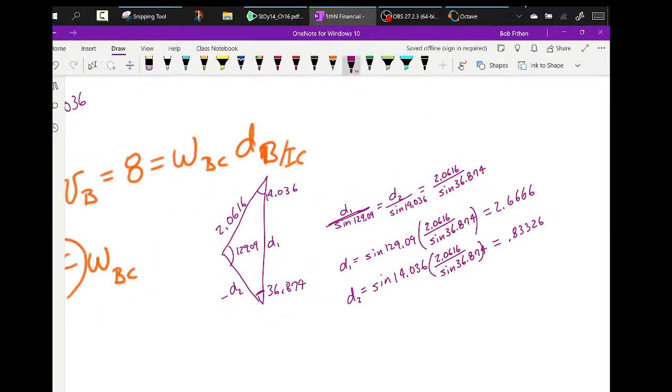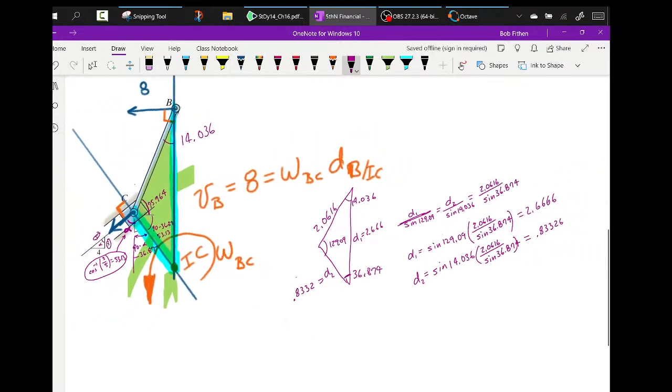Here, I'll just do this. Here's your, oops, forgot the point. And this distance is equal to 2.666. So now I can figure things out.